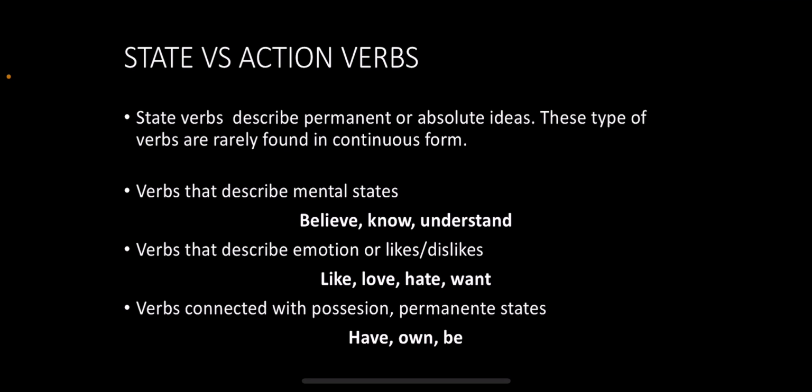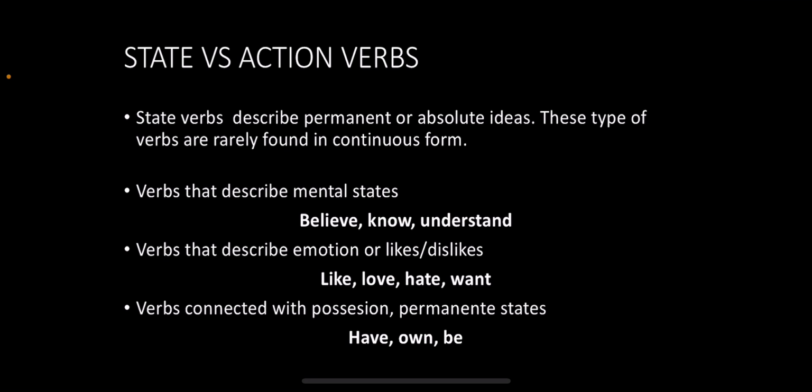Imagine you're in a restaurant and you're eating a hamburger and you like your hamburger very much. Probably you want to indicate that you like the hamburger in this right moment, like you like it very much in this moment. But you cannot say, I'm liking my hamburger, because it's not possible with like. Like is a state verb, and we don't put ing.